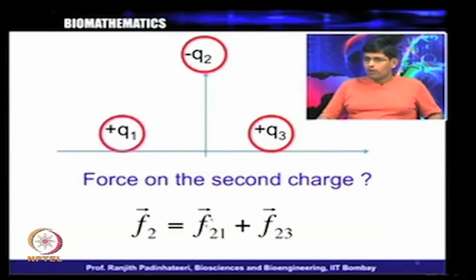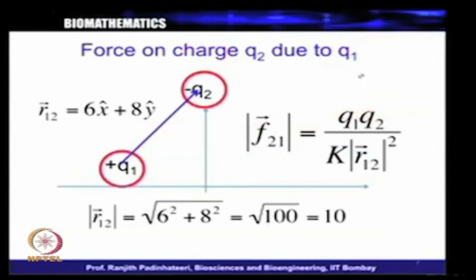Of course, we will start calculating with F21, we will precisely calculate this number F21. If we have this F21, then we can calculate F23 and sum this and you get the answer F2. So, let us go ahead and see how we calculate F21. Have a look at this slide. In this slide you have two charges, Q1, Q2 as we had, and we knew that this R12 is 6x plus 8y.